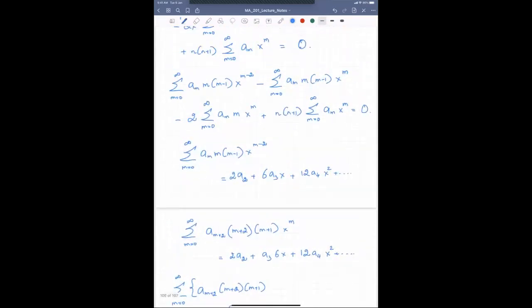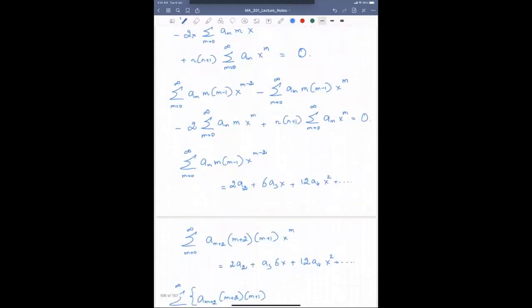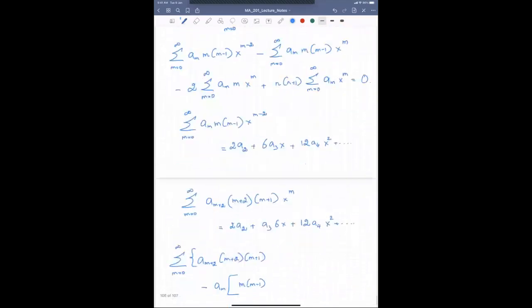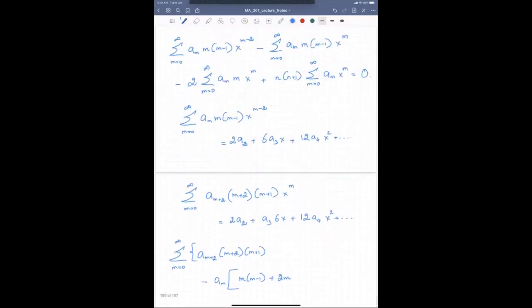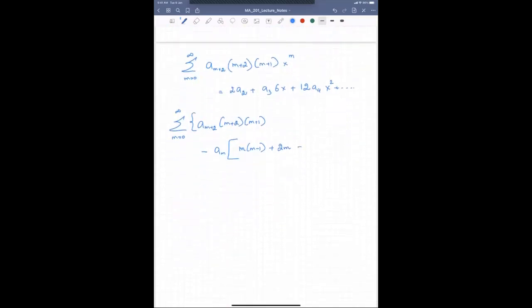The second term gives me m minus 1 am. So this is m minus 1. The third term gives me a minus 2m, so that becomes a plus 2m because I've pulled out the minus sign already. And the fourth term gives me a plus n minus 1, so I should have a minus n plus 1. And the whole thing multiplied by x to the m, summed from m equals 0.